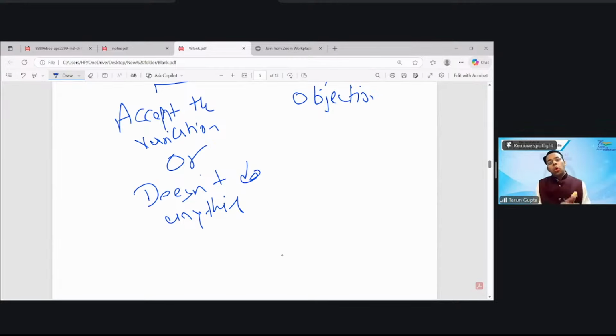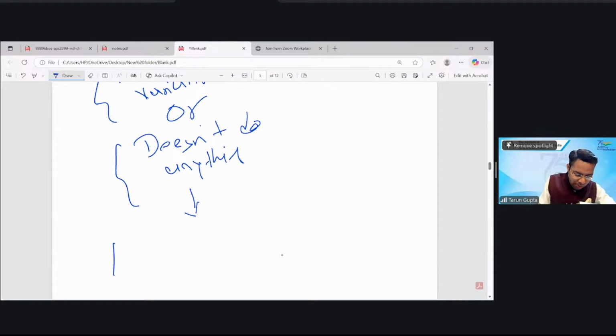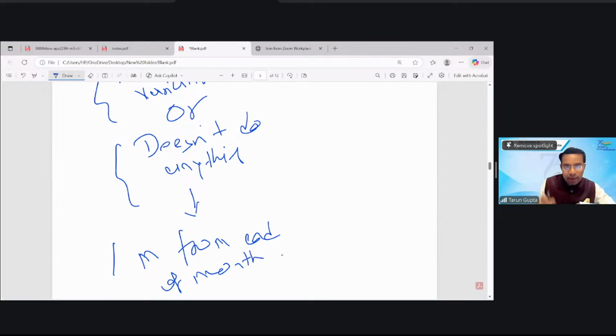If the assessee has not approached the DRP, has not opted for the DRP route, then as an AO, I will finalize my order. And the time limit for finalization of the order is 1 month from the end of the month in which I received the acceptance, or the end of the month in which this 30-day period expired.